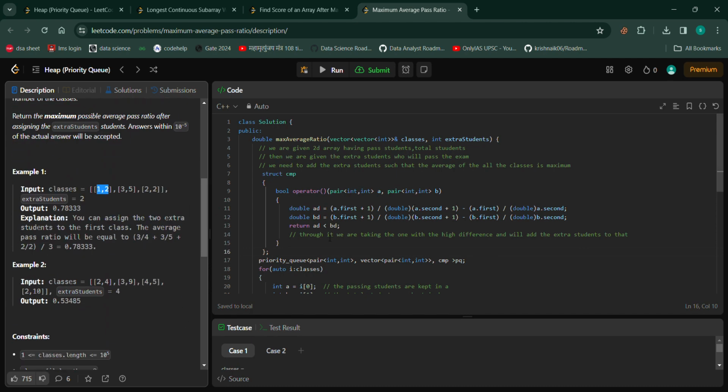What I'm again saying is that 1 by 2, 3 by 5 and 2 by 2 are the options. To get the one with the lowest fraction, we add 1 to the numerator and denominator so that the subtraction gives a fraction, and upon getting the fraction, we compare which is the lower one and take it. Okay, thank you.